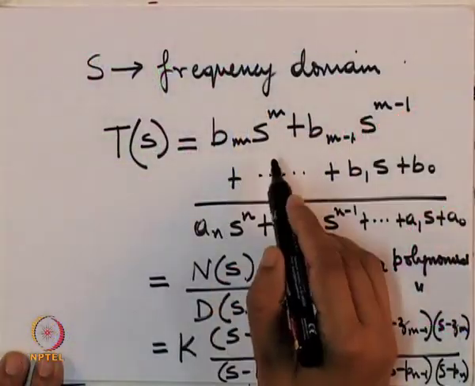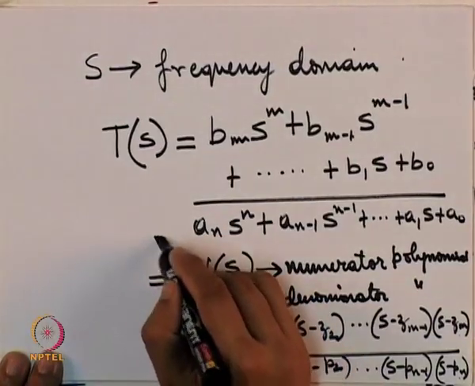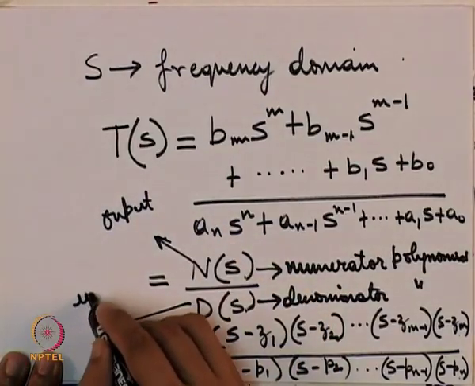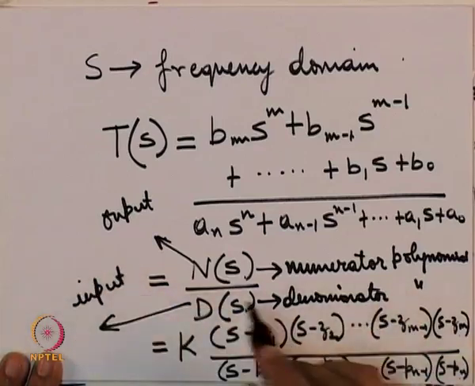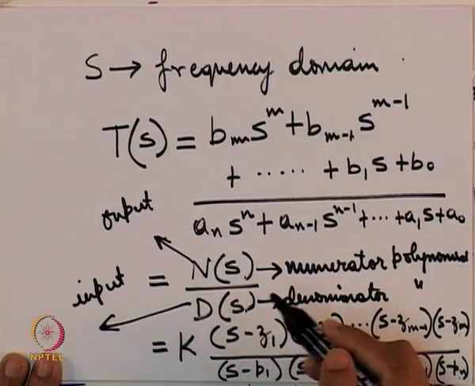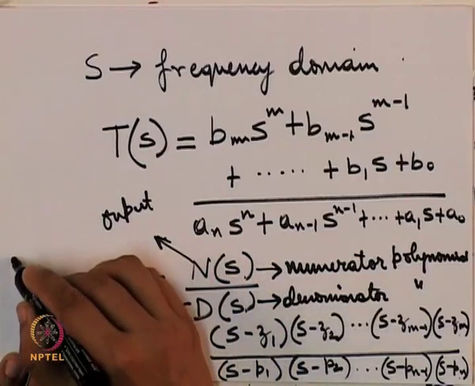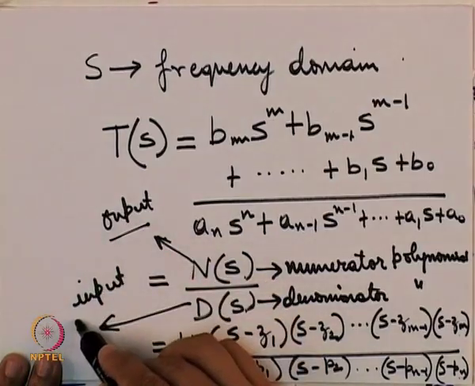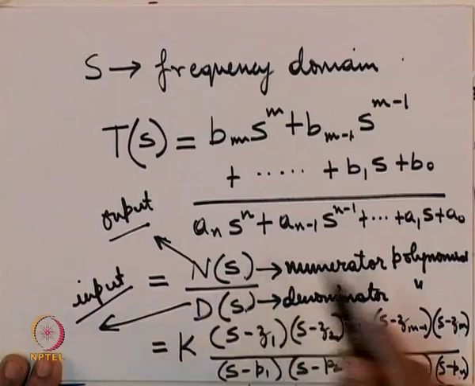Usually this transfer function is found out, this numerator represents the output and the denominator represents the input. And the way to find out this N(s) and D(s) is often by first finding out the Laplace transform of the output and then dividing that by the Laplace transform of the input. Okay. So, that is how we find out the transfer function of a linear system.